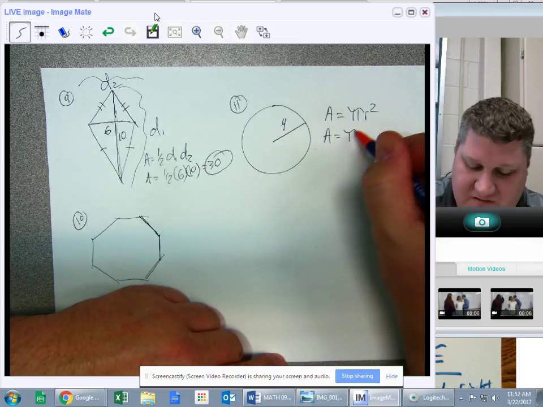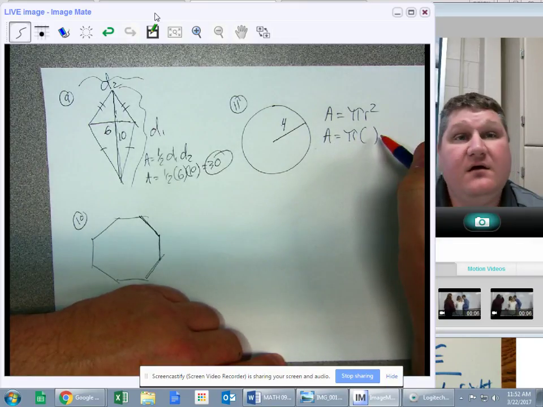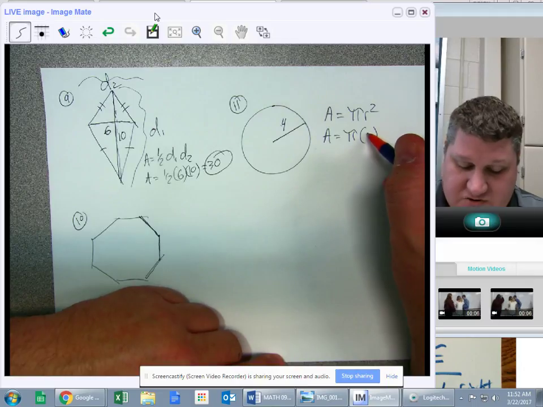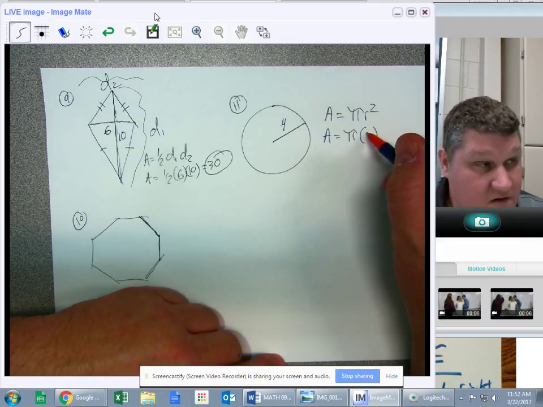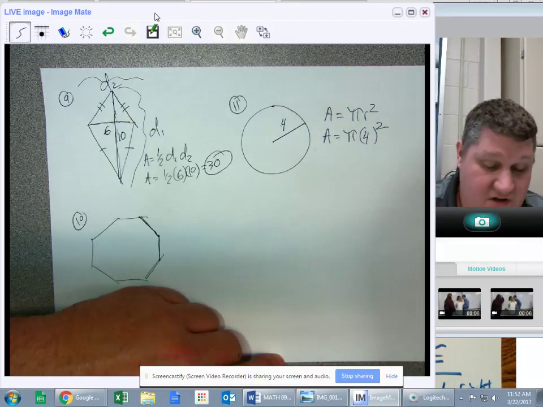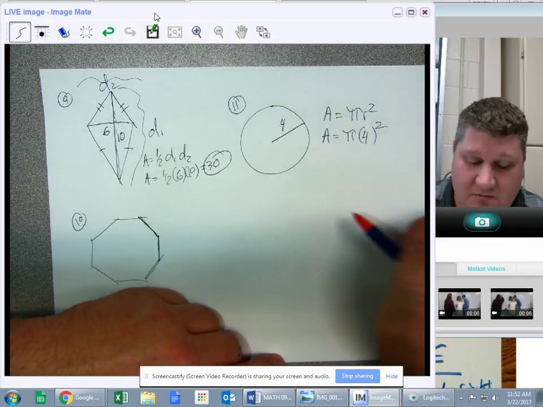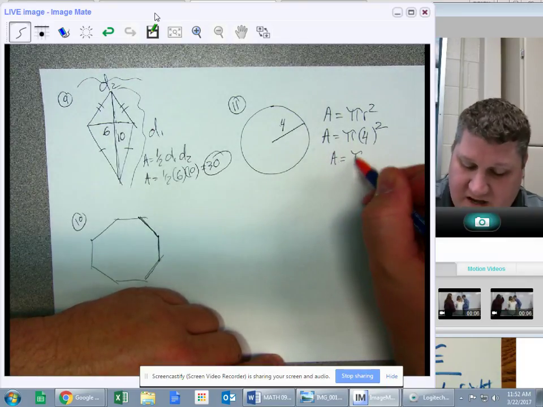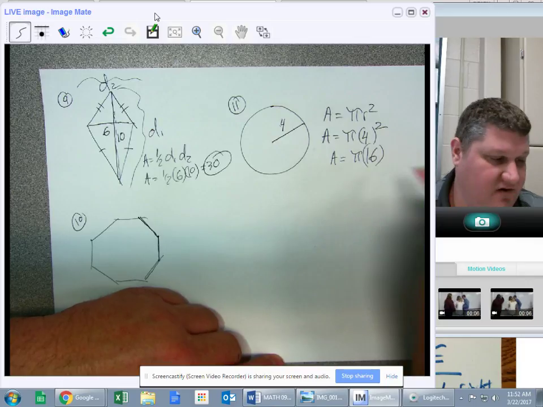Area equals pi times. In our case, what's our radius? R squared. R squared, but what's our radius here? 4. Good job, Ridge. So 4 squared. What's 4 squared, anyone? 16. So I take pi times 16. Now here's the problem.